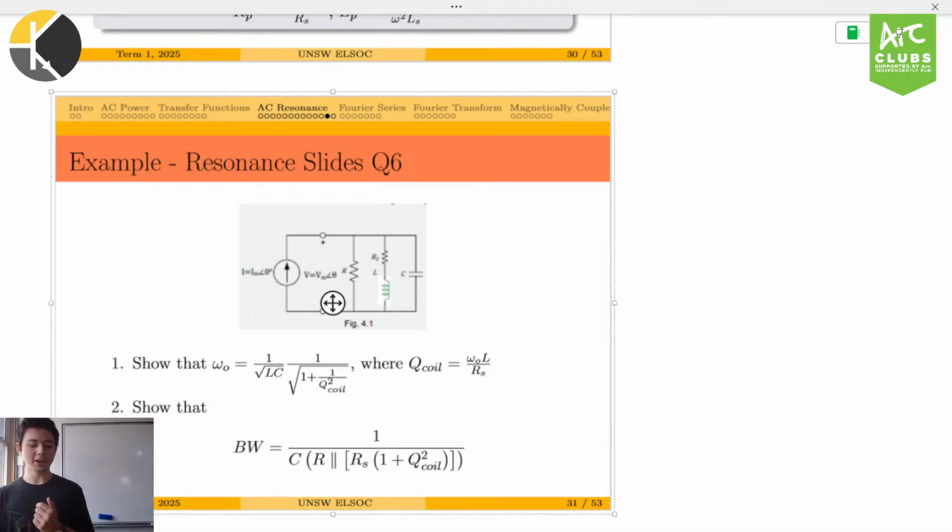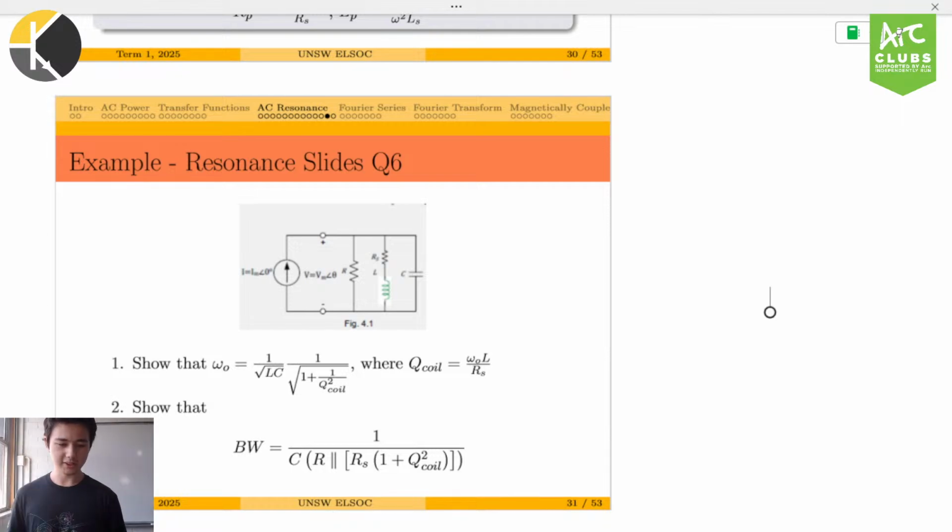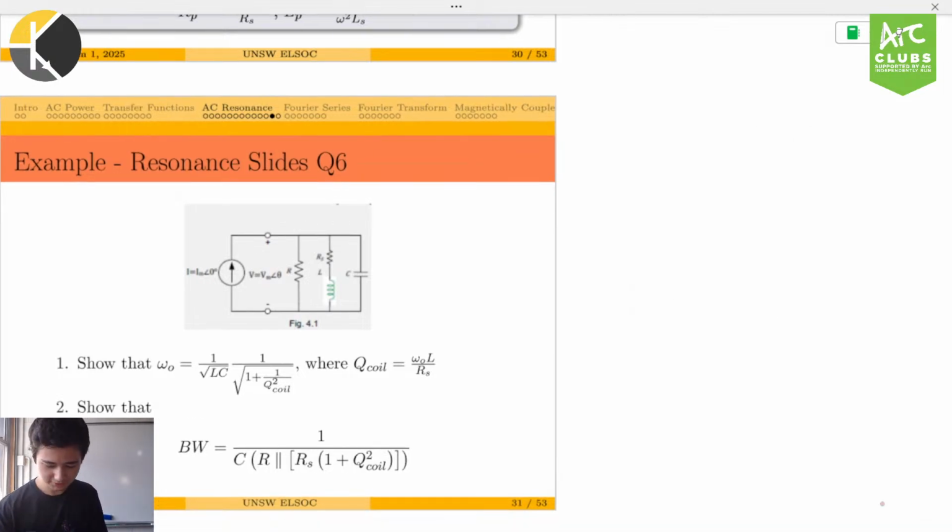Now, I might note that it is not necessarily easier to calculate these things. Anyways, let's just keep doing this. So, first things first, I actually want to be very careful here. This omega 0 is not actually referring to this omega 0.